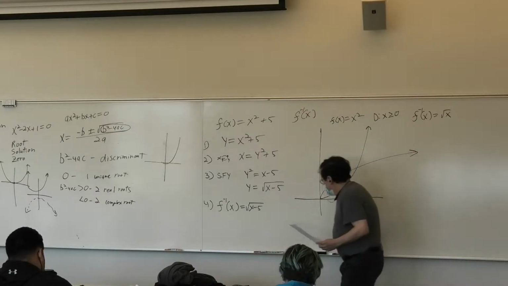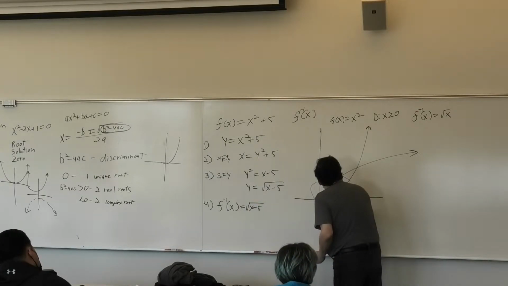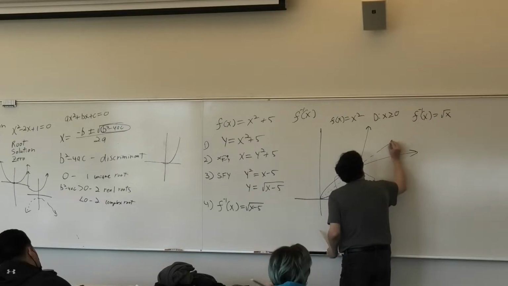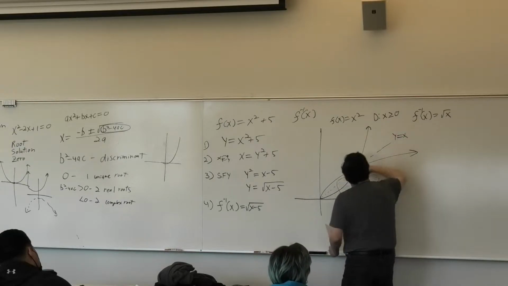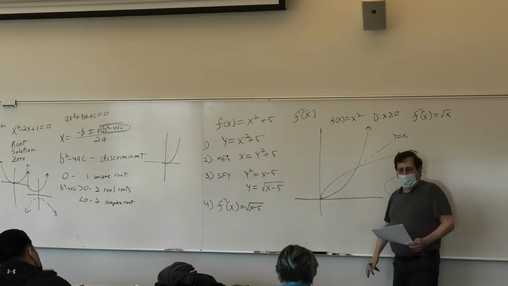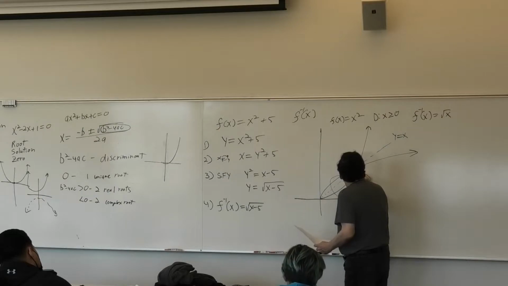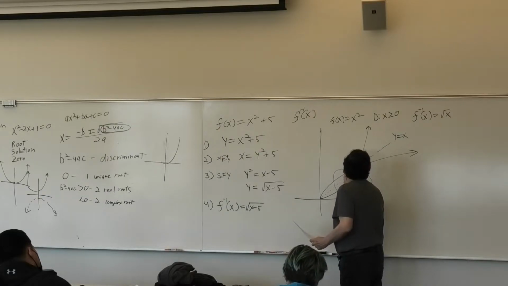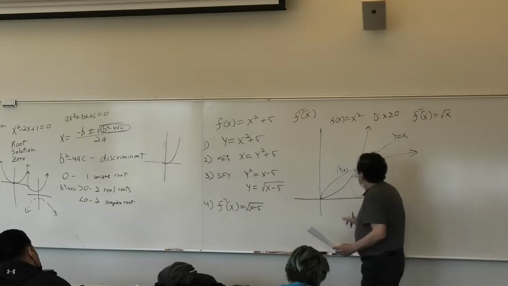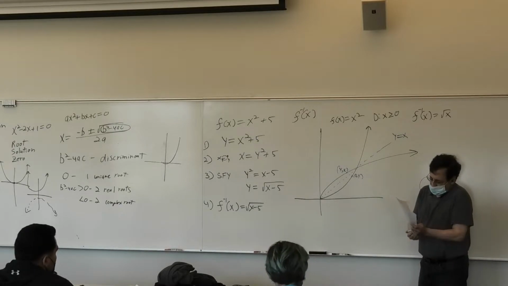And you might notice right away that you draw this line y equals x. These appear to be mirror images, which is always the case. If I have a point here, (x, y), there's an equivalent point here, which is going to be (y, x). So that's a good thing to know when dealing with inverse functions.